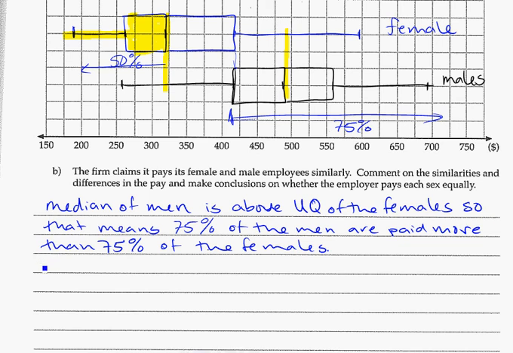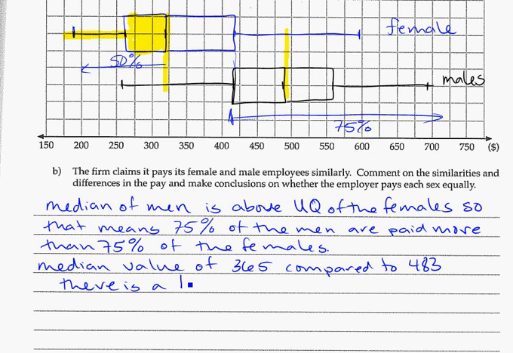What else could we say? The median value of, what was it for females? 365 compared to 483. Well, that's over $100 difference between that. So there is a, what is that? $123 difference in favor of the men.